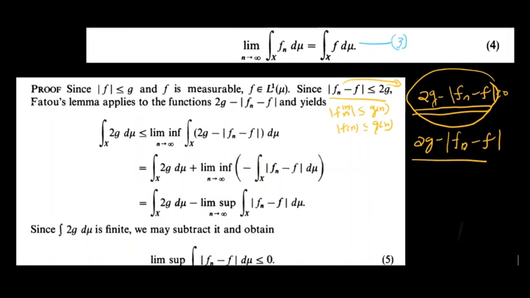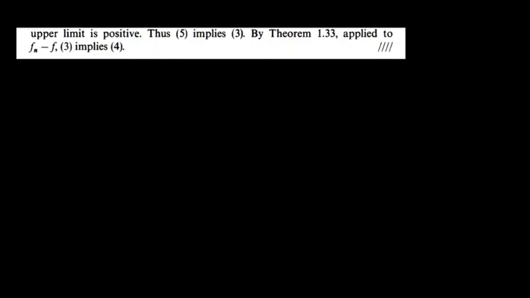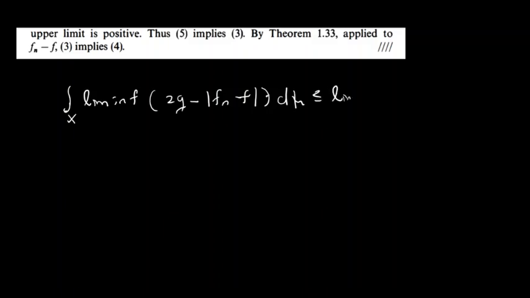So we have the integral over X of the lim inf of the function 2g minus |f_n minus f| d mu, which is less than or equal to the lim inf of the integral over X of 2g minus |f_n minus f| d mu.